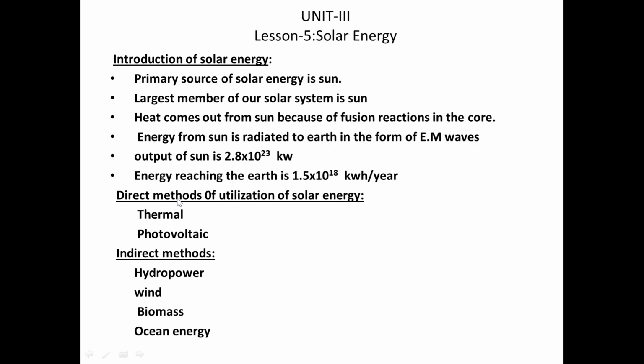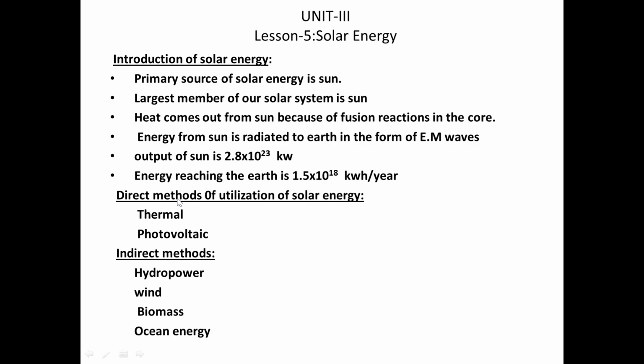That is why it is known as the solar photovoltaic system. These two methods, the solar thermal system and the solar photovoltaic system, come under the direct methods of utilization of solar energy.